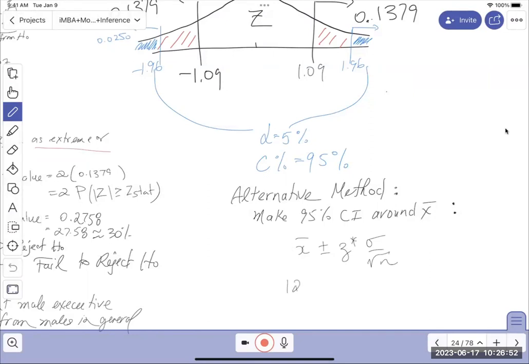So it's 126.07 plus or minus. I'm going to make 95%. So this is 1.96. And then sigma was 15 divided by square root of 72, right?